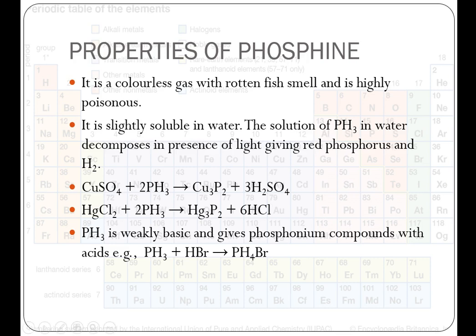With copper sulfate, you can get copper phosphide, and with mercury chloride, you will get mercury phosphide. Phosphine is weakly basic. It gives phosphonium compounds with acid. Like you can see here, phosphine with HBr forms phosphonium bromide.